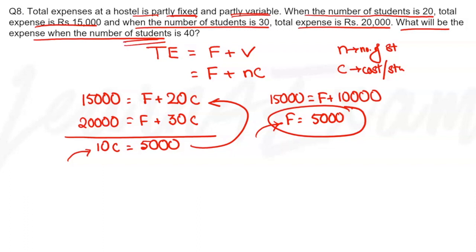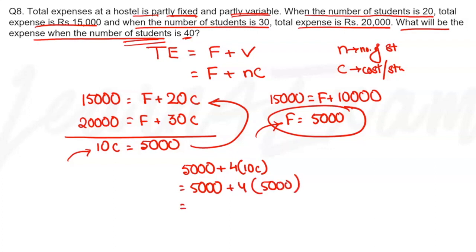So the total expense would be F, that is 5,000, plus 40C. So 4 into 10C. So 5,000 plus 4 into 5,000, or 20,000 here, 5,000 here. So a total of 25,000 is the answer for this question, right?